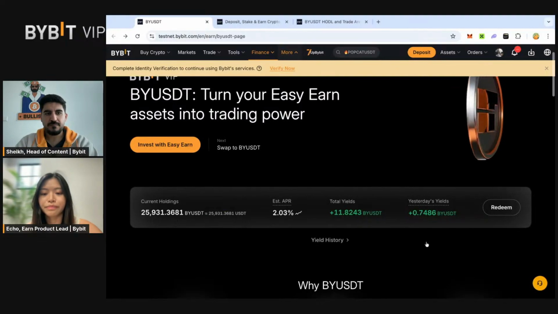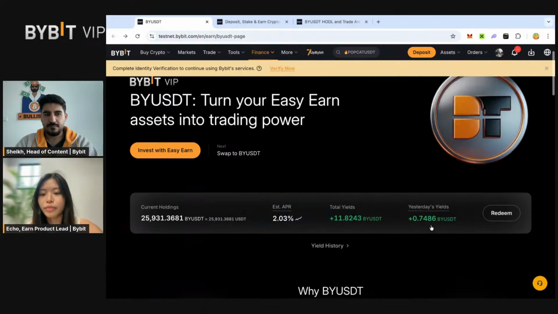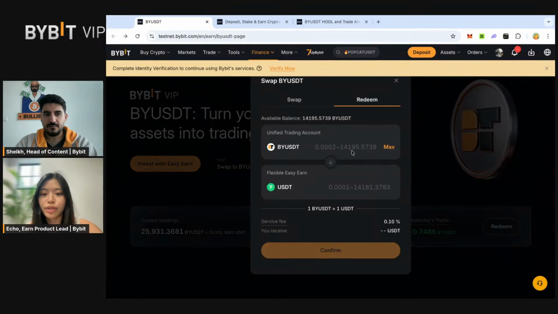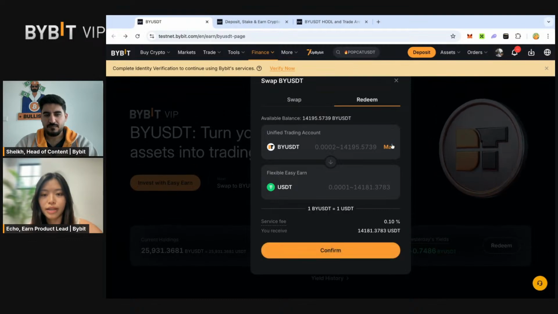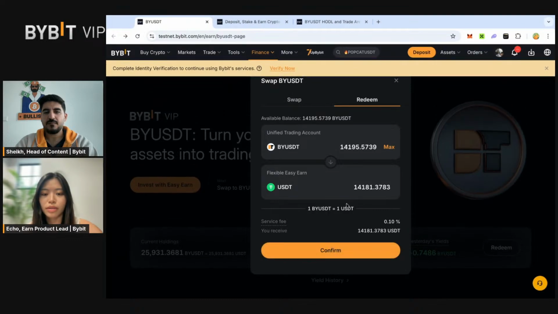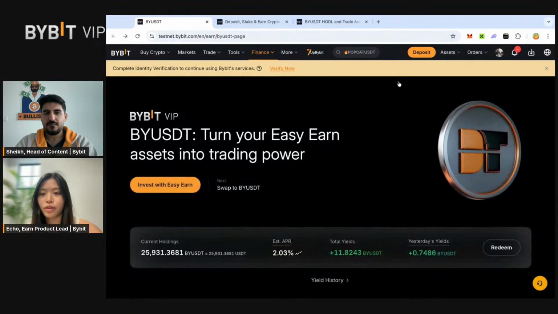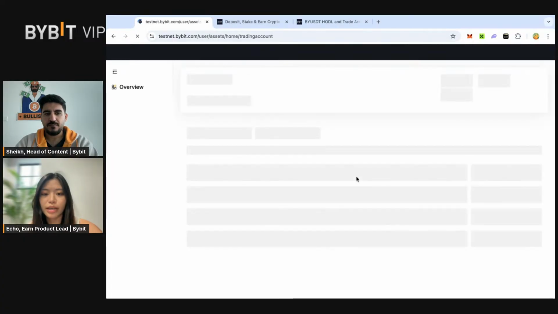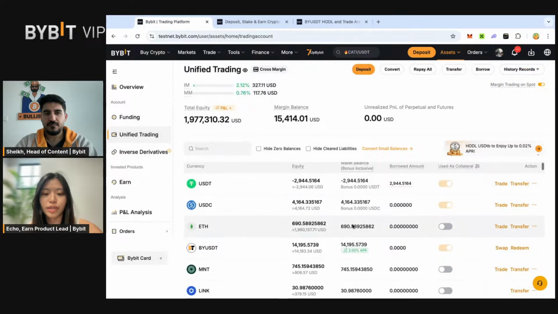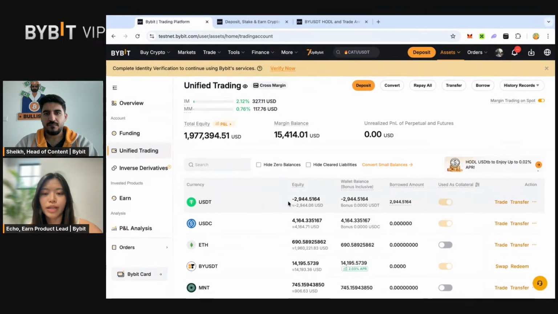You see here. What is more amazing is that I can redeem it anytime to flexible Easy Earn. Here, I can redeem whatever I want. Although it shows a service fee here, it's actually not zero for now as well. And under UTA, you can do this swap and this redeem as well. For example, I lose some money here. You are in USDT, it's negative 2,900 plus.